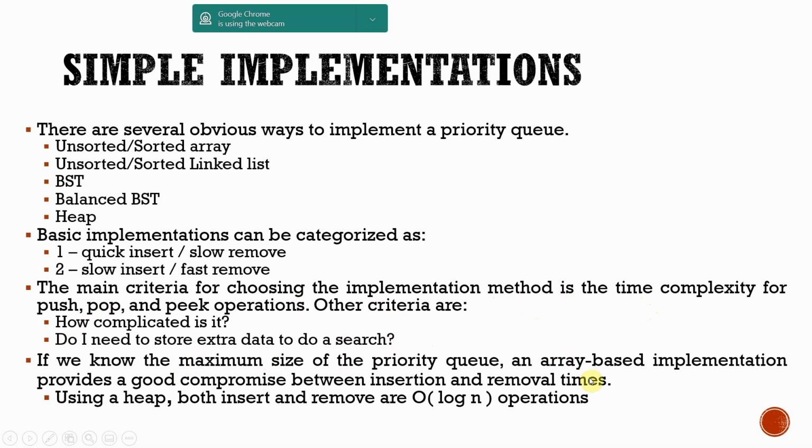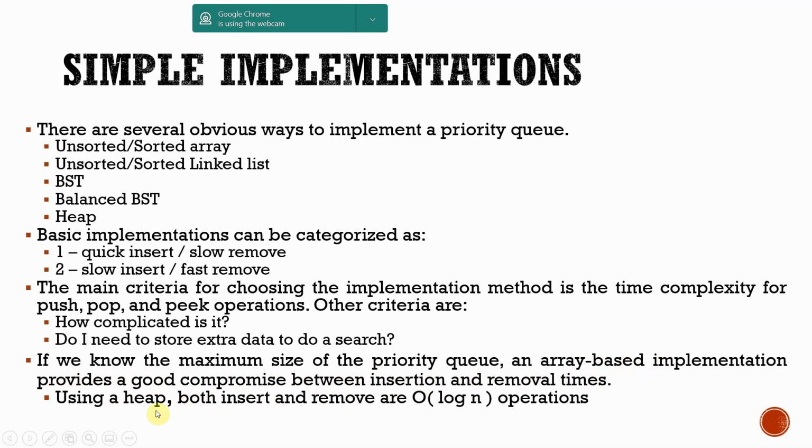And most of the time, if we know the maximum size of the priority queue, an array-based implementation of a binary tree, which is a heap, right, provides an array-based implementation of a complete binary tree, which has partial ordering, and provides a good compromise between insertion and removal times.